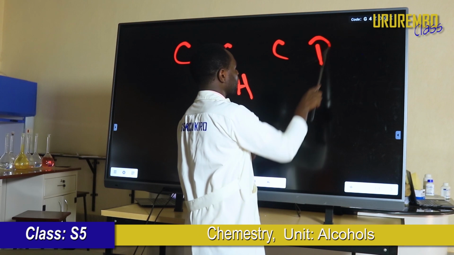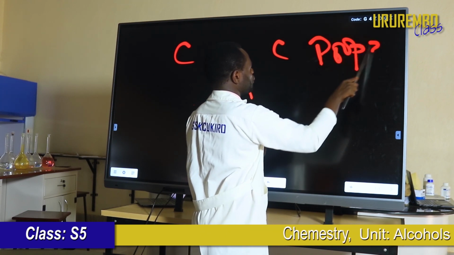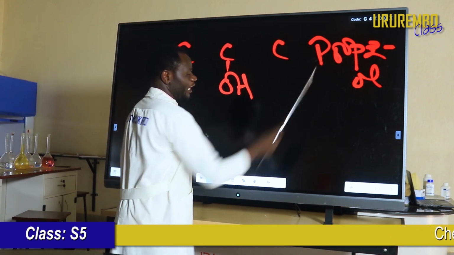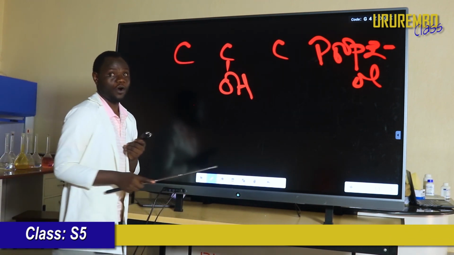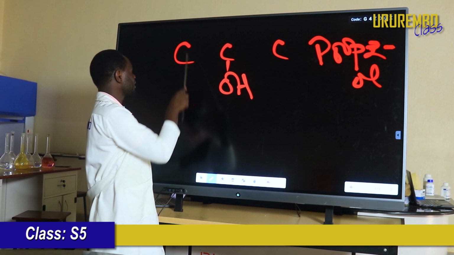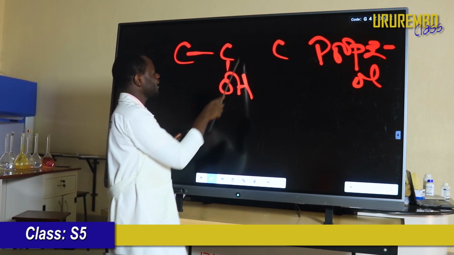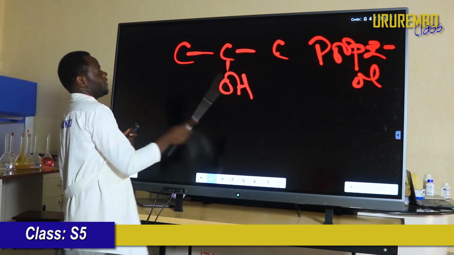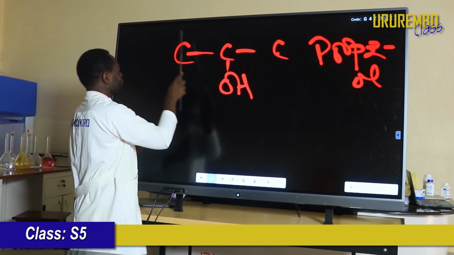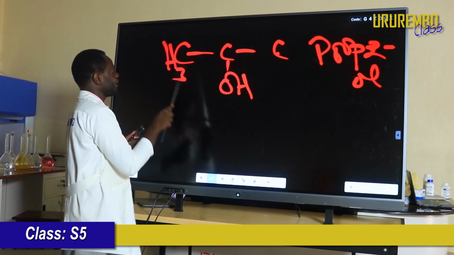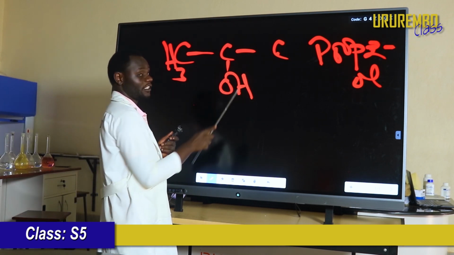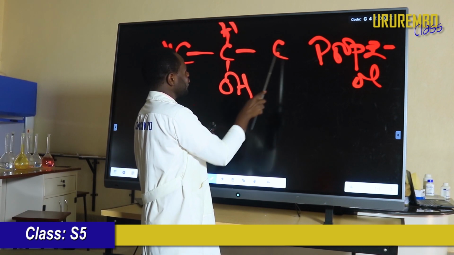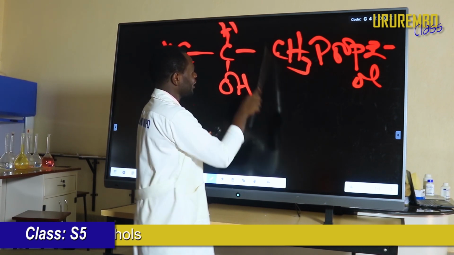Remember, I wrote propan-2-ol. It means that this 2 indicates the position of the OH group. This is the first carbon, the second, this is the third. So you have CH3, then the carbon carrying OH with one bond having a hydrogen, then CH3 with 3 hydrogens.